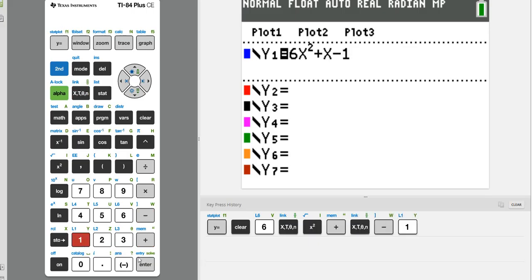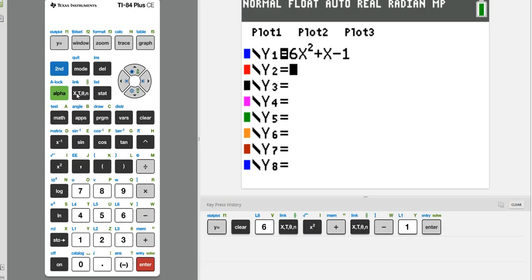How do you do an X on here? So x is right next to the alpha key up here. Oh, okay. Now there's 4 different things on it. Typically speaking, right now it should be showing up as an X for you. There's different modes that you'll learn in your trig class that will help you out with the t, theta, and n.